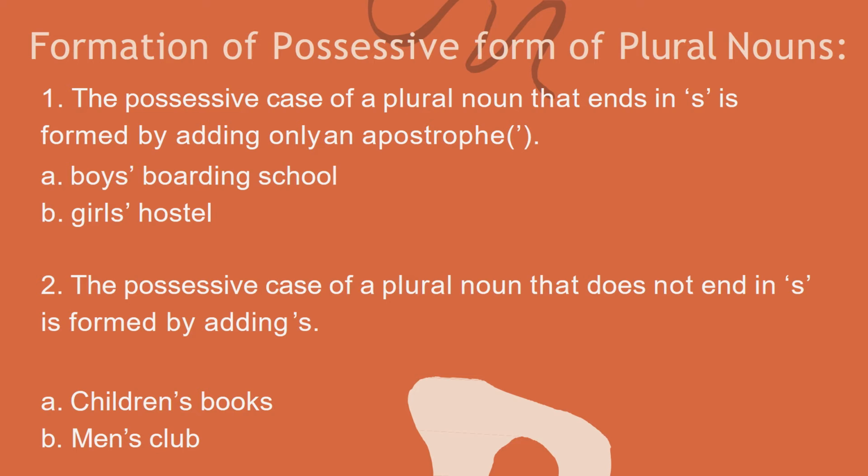The second part is, the possessive case of a plural noun that does not end in s is formed by adding apostrophe s, which means that this rule is not applicable on all the plural words.